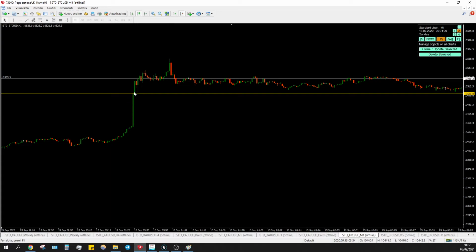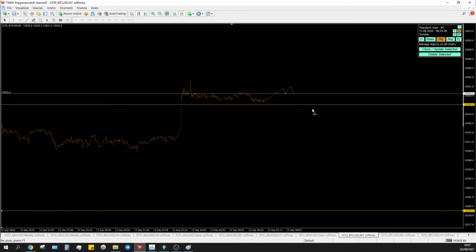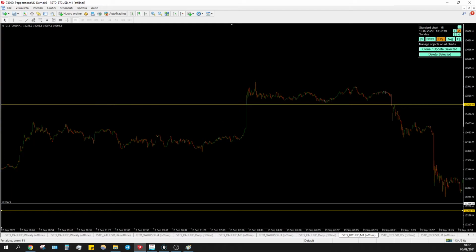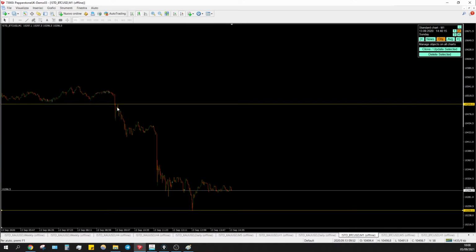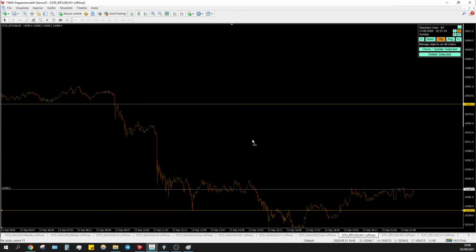So not really for the entry, but indeed for giving some reactions. This one was really nice, as you can see. Break and retest. Reaction at 250. Let me go back.